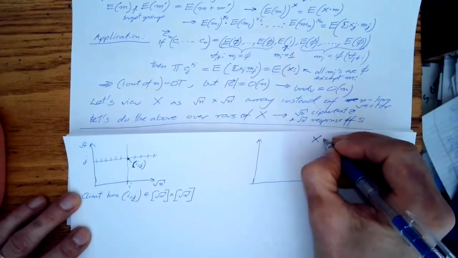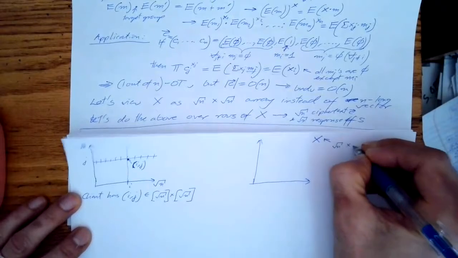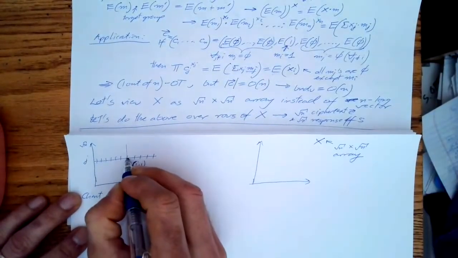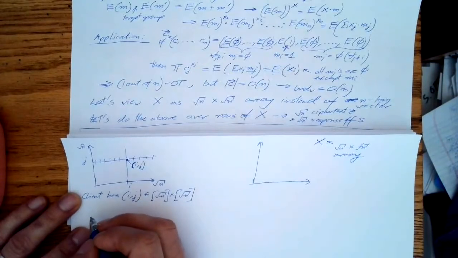So now x is the square root of n by square root of n array, and this is the position in the array that the client will retrieve. Okay.